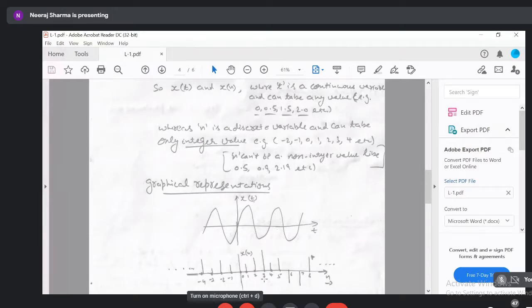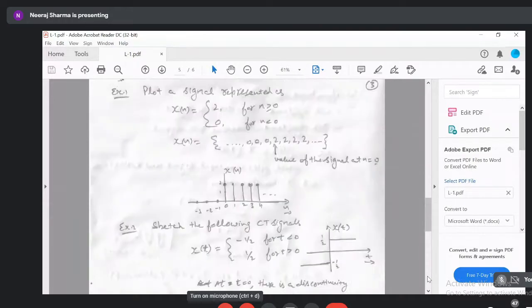It is only defined for the point of moment, that is for the integer values, that is 2, 3, 4, 5. Whereas we do not have any such restriction on the x-axis characteristic of the CT signal. The signal can be defined for all the time instants. So this is the graphical representation.